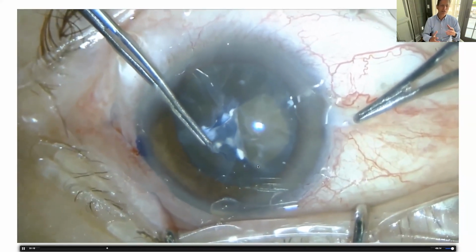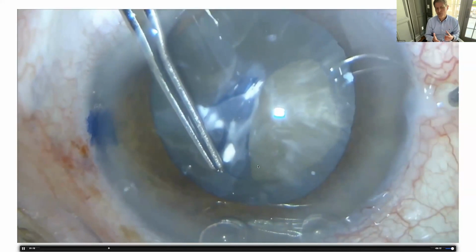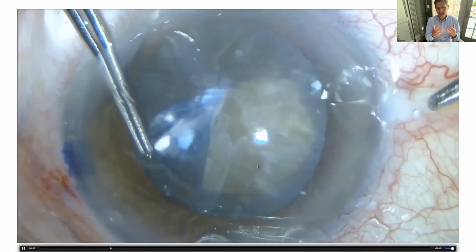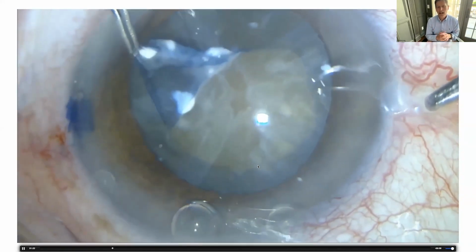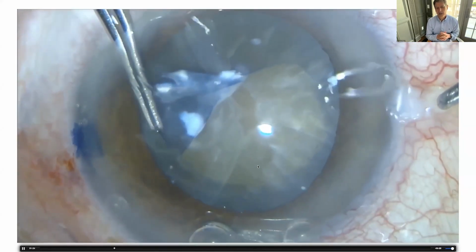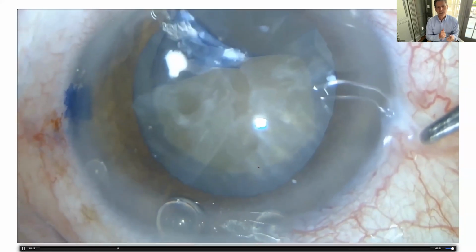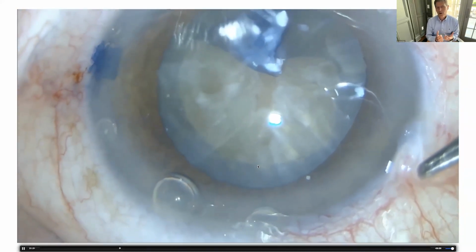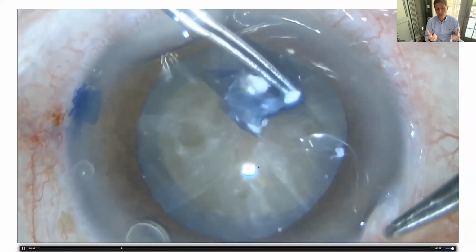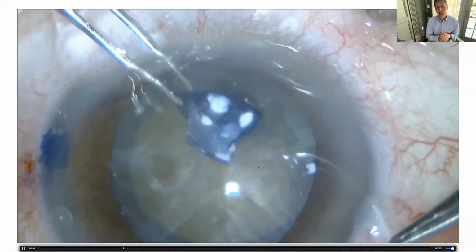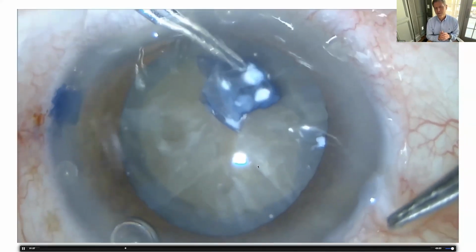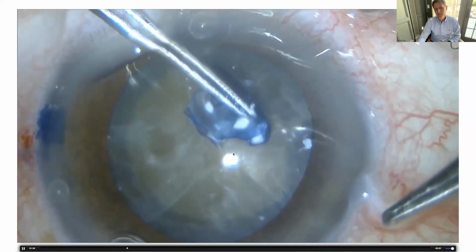Again, sometimes it's tough to do it as large as we want because it is adhered to the underlying cortex. And in these cases, again, trypan blue or staining the capsule with whatever you want is ideal. And again, very slowly, very gently manipulating.